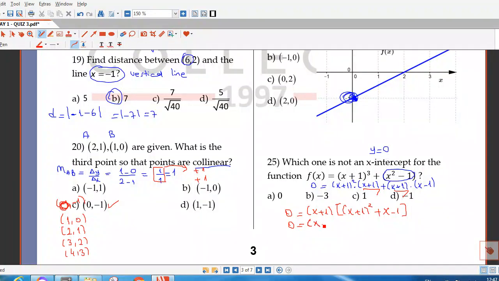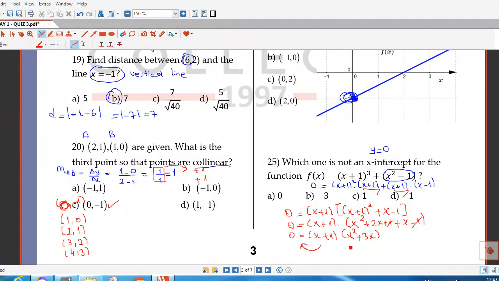X plus 1 times, expand the power, x to the power of 2 plus 2x plus 1 plus x minus 1. Plus 1 minus 1 can be cancelled. The last step is going to be x plus 1 times x squared plus 3x.